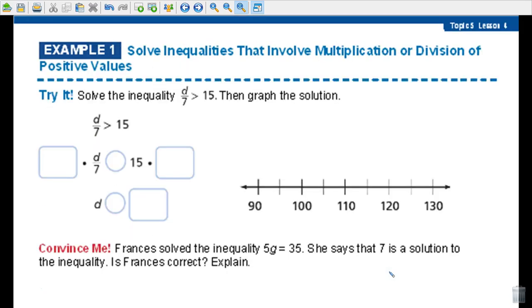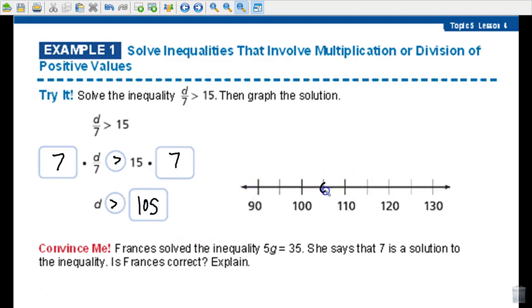So I'm just going to go into the answers. So pause this. Okay. So we would multiply by 7 to get rid of it. This stays the same. This stays the same. 15 times 7 is 105.